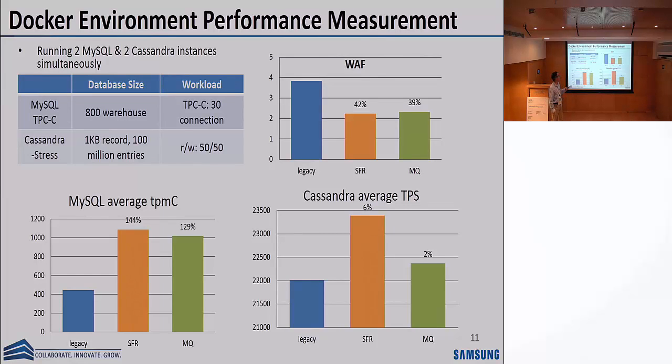In addition to the WAF benefit, as you see here, MySQL performance increased more than 100% with these two algorithms. Cassandra's performance benefit is not as high as MySQL, but still we could get a performance benefit for Cassandra also.